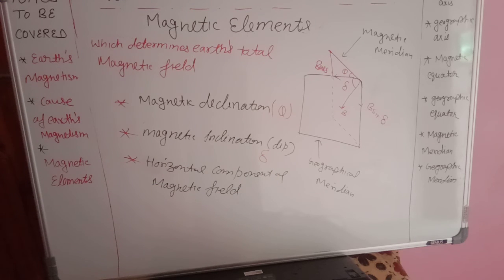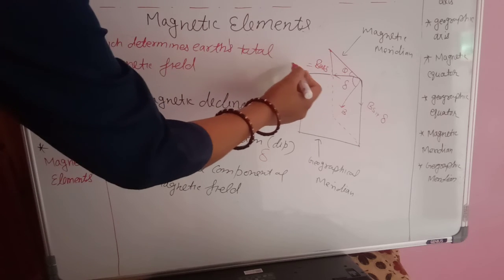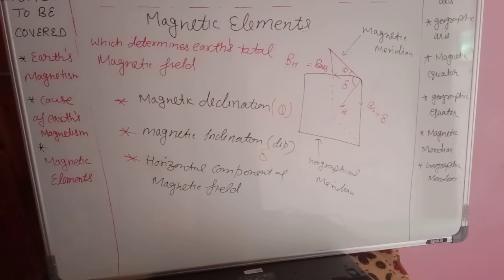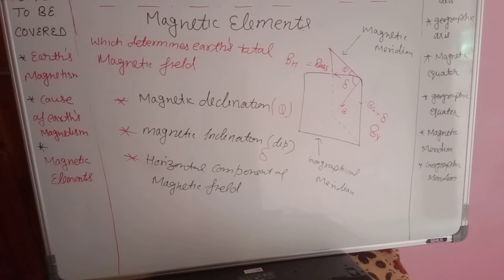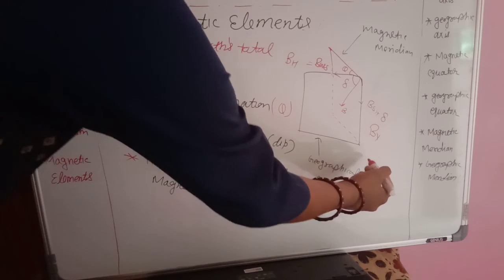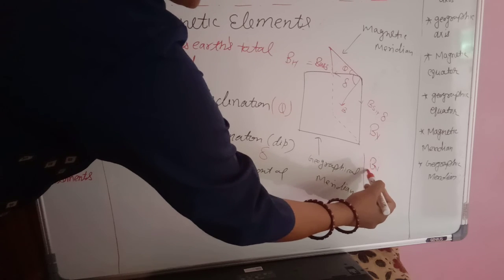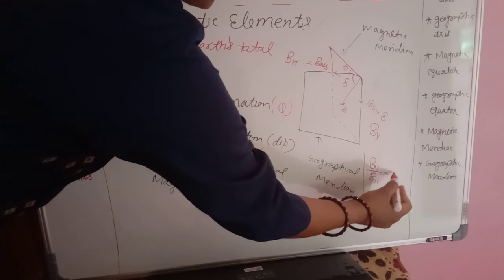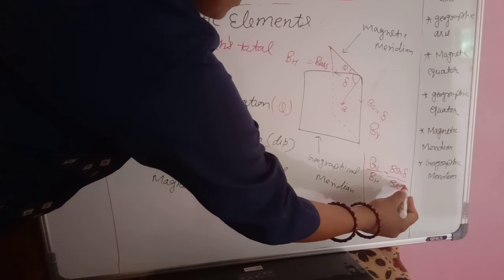Whenever you write this B cos delta and B sin delta, you can write it as BH, means horizontal component, and this we can write as BV, means vertical component. So whenever you divide both, BV upon BH, you will get B sin delta upon B cos delta.